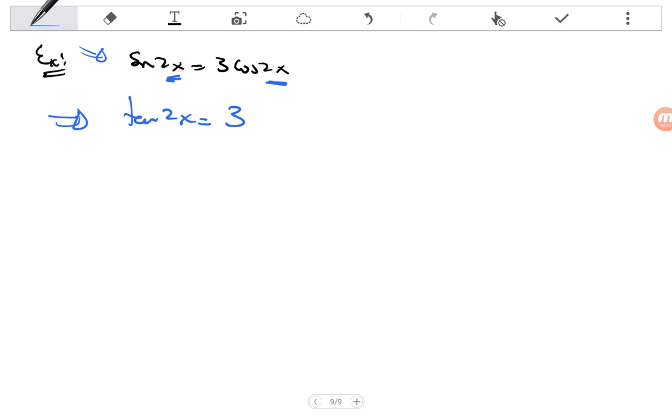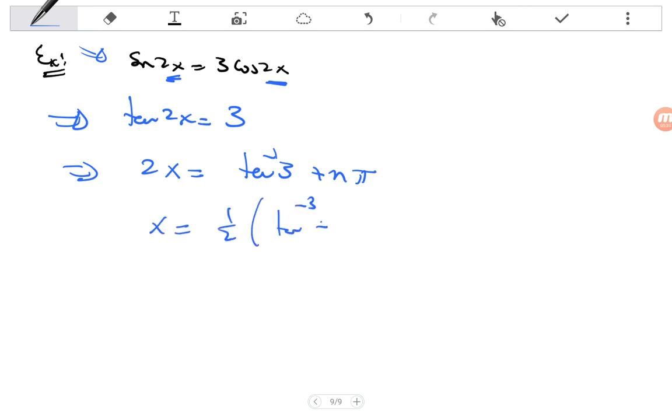And equations described in tan have an easy solution: 2x will be equal to the inverse tan plus multiples of pi. So x will be half of these angles. Okay, so this is the solution set in this case.